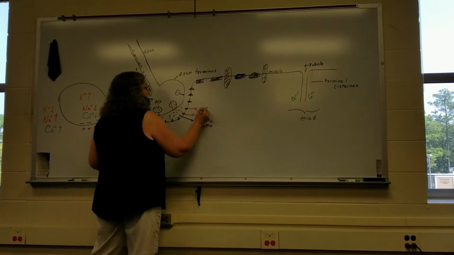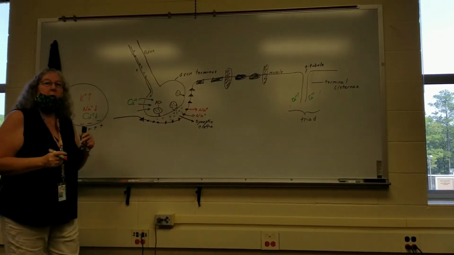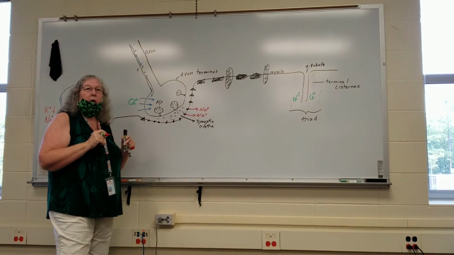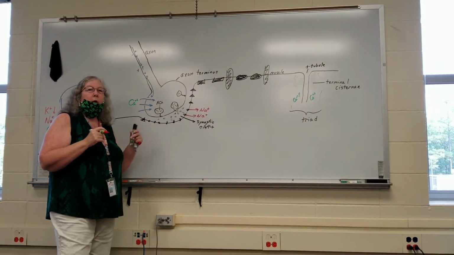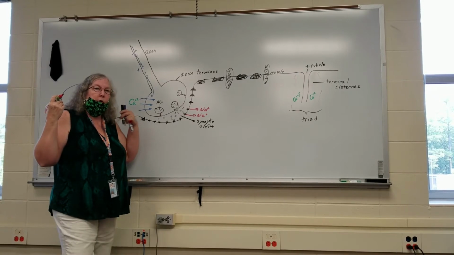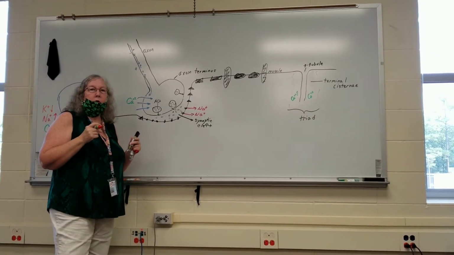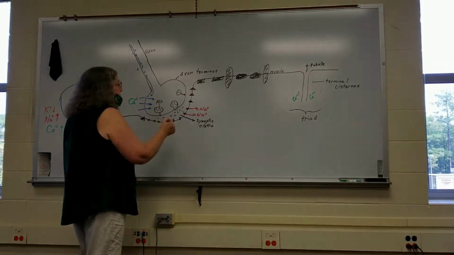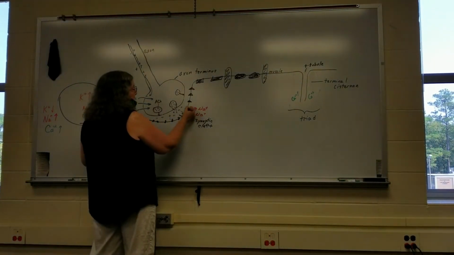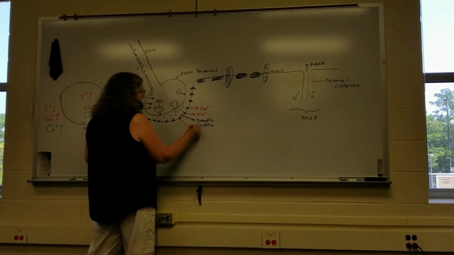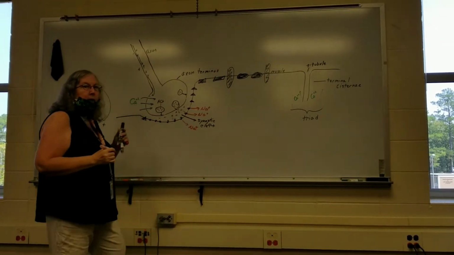Now remember, sodium in a resting cell is normally outside. It's a much higher concentration outside the cell. So when you open that sodium gate, you're going to have sodium flowing which direction? Inside, because it wants to go from high concentration to low concentration. So you now have this sodium, which is a plus charge, flowing inside.